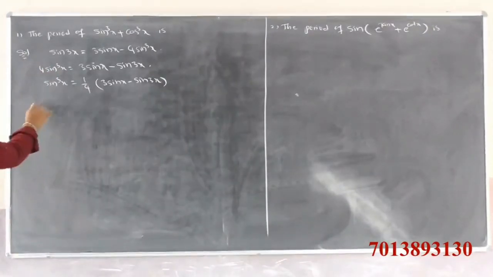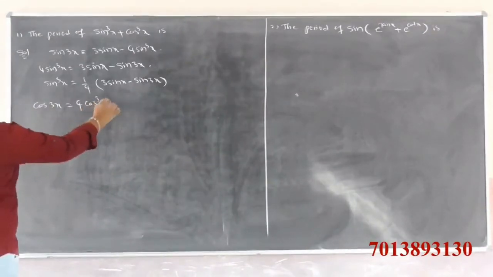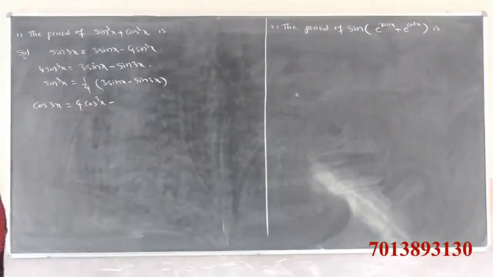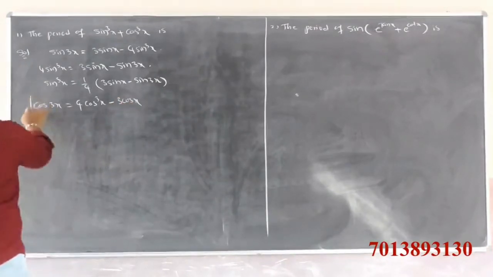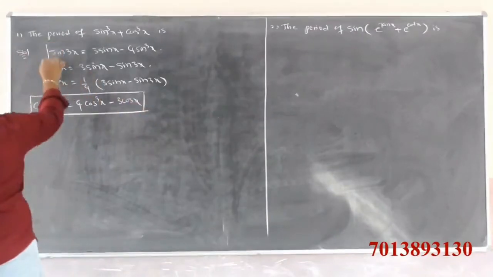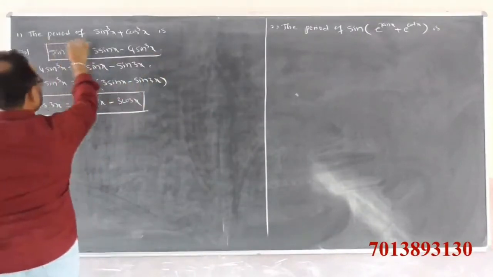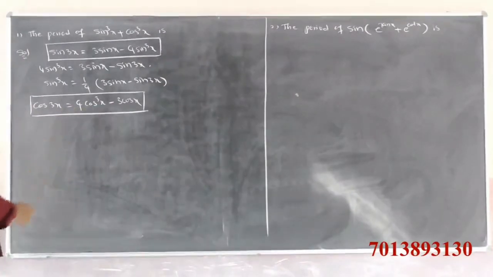Next, already we know that cos 3x is equal to 4 cos cube x minus 3 cos x. This is the cos 3x formula. So we want cos cube x.